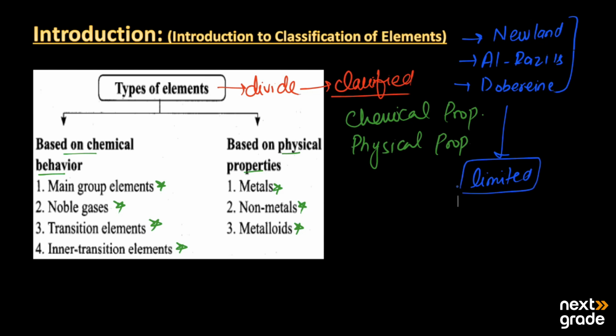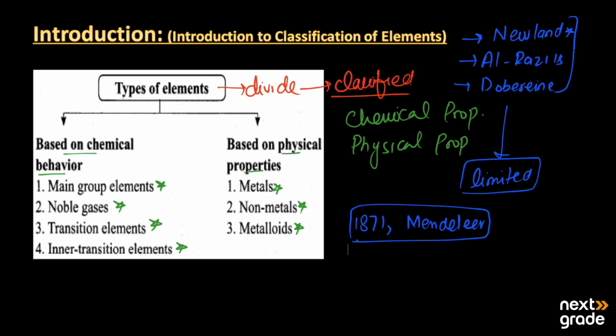So that's why an English chemist, Newland, proposed the classification of elements. After that, in 1871, a Russian chemist named Mendeleev gave a more useful classification of the elements, and it was a comprehensive scheme.